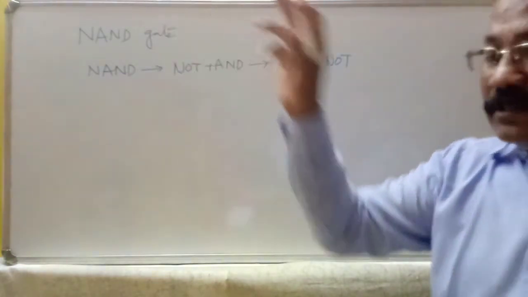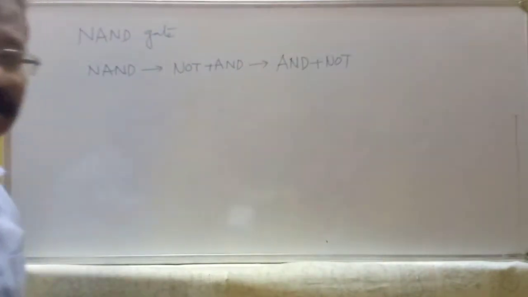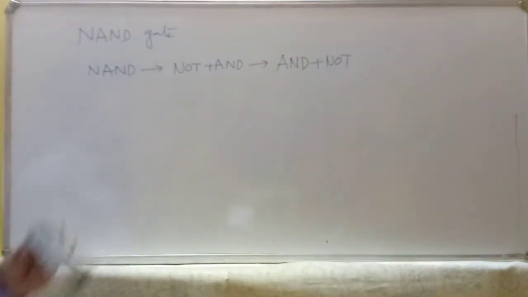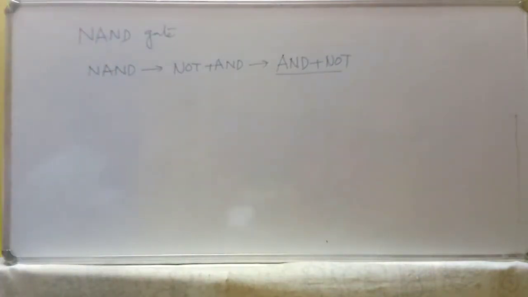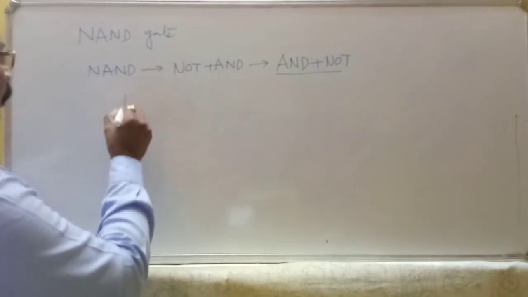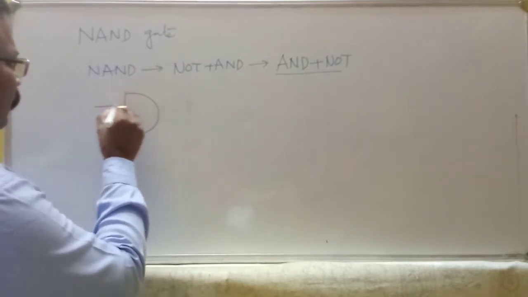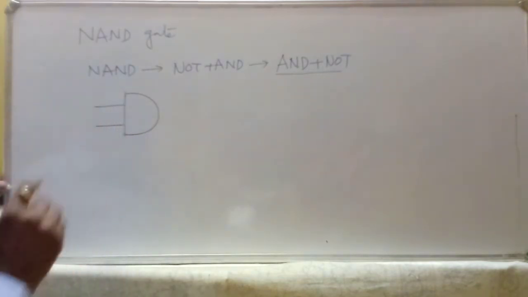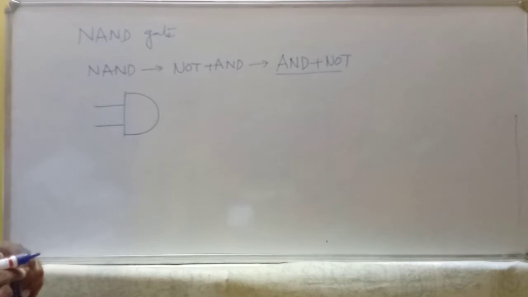The circuit for this NAND gate is shown like this. First, it is a combination of AND gate and NOT gate. First, you have to draw the AND gate. Here, you are taking two inputs because the AND gate consists of two or more inputs.